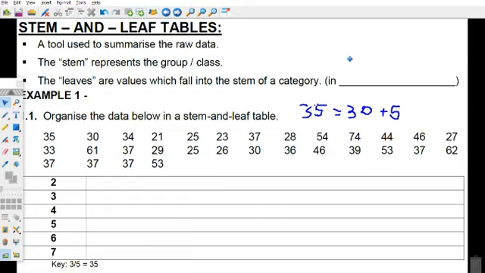There we go, it's looking nice. So if we're taking 35, it's 3 and 5. We've done that one. Next one, 30, so it's 3 and 0. Then 3 and 4. 21 is 2 and 1, and so on and so forth.